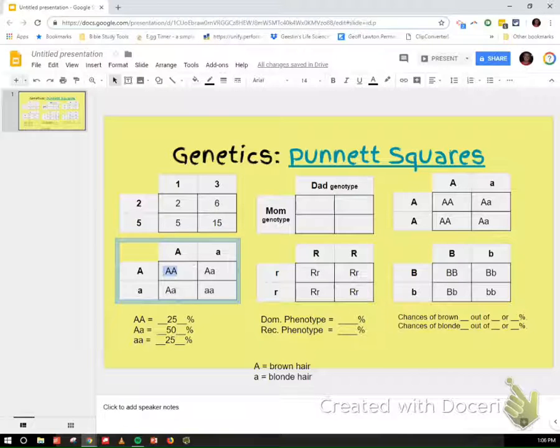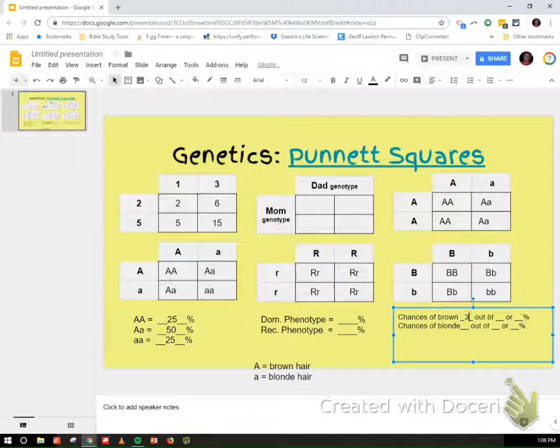This person is going to have brown hair, this person is going to have brown hair, and this person is going to have brown hair. So that's 1, 2, 3 out of a total of 4 boxes, and that percentage, 3 out of 4, is 75%. You can either do that math in your head or write it out.